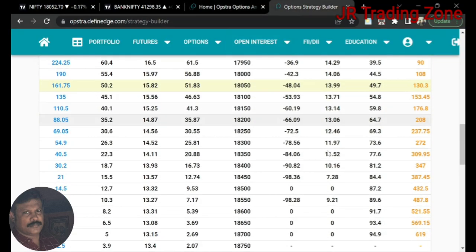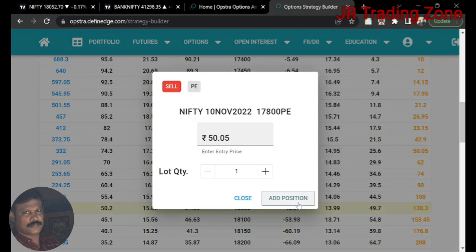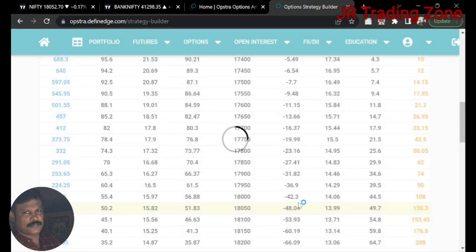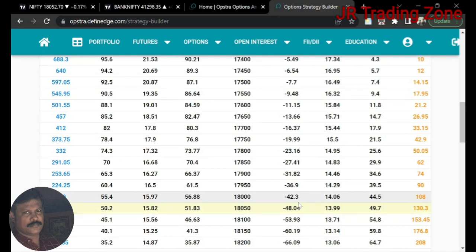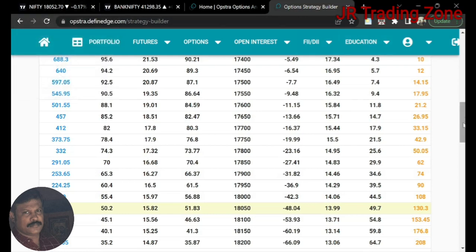The 17,800 put option for 50 rupees on the downside. We have sold two options: one call option 18,200 on the upside and the 17,800 put option on the downside, assuming that the market will be range bound within this area.